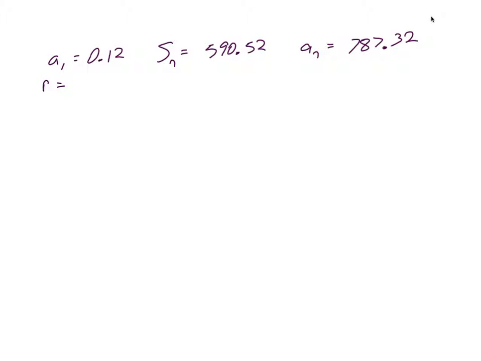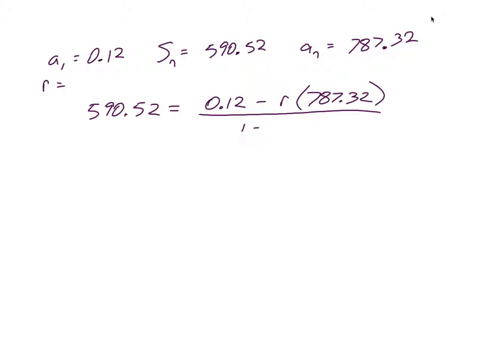So all I have to do is plug in. 590.52 equals a sub 1, which is 0.12, minus r, which is what I'm looking for, times a sub n, over 1 minus r. So there it is plugged in.